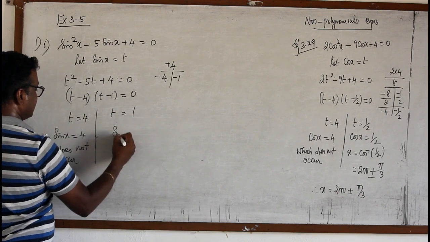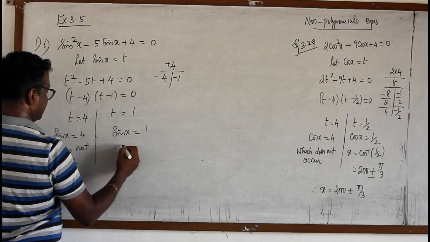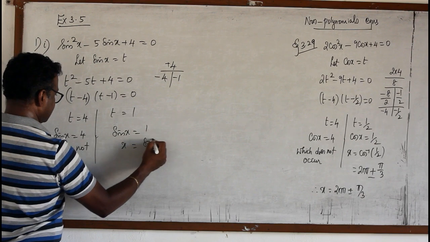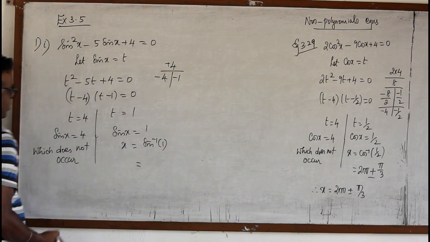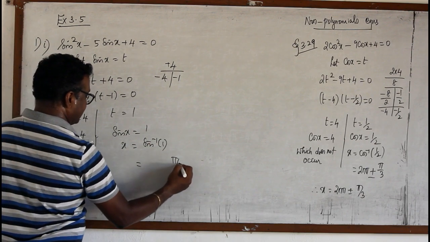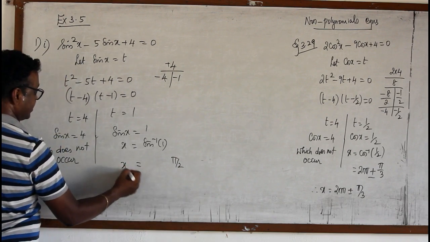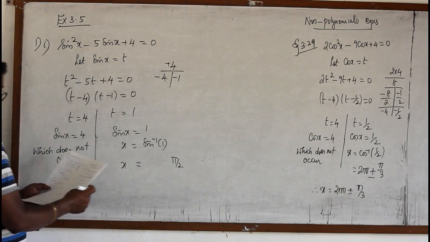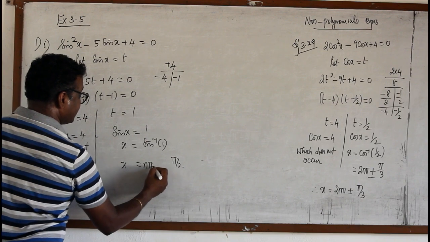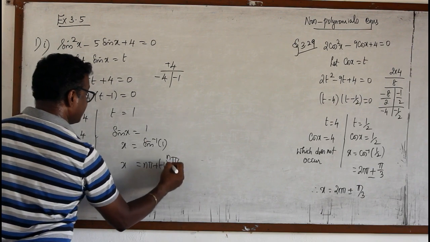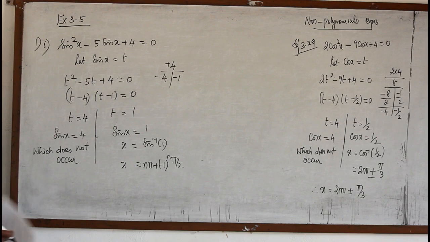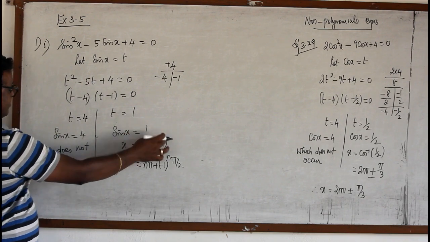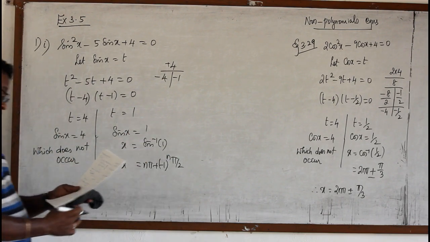Now t equal to 1 means sin x equal to 1, x equal to sin inverse of 1. 1 will occur at 90, so pi by 2, but as for complete rotation, it is n pi plus minus 1 whole power n into pi by 2. This is the solution when sin x equals sin of theta.